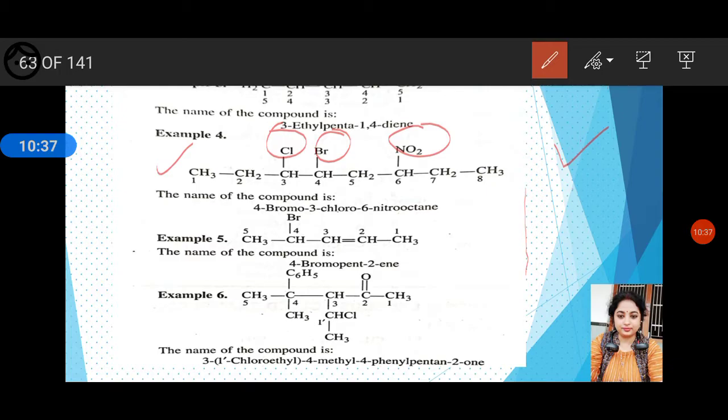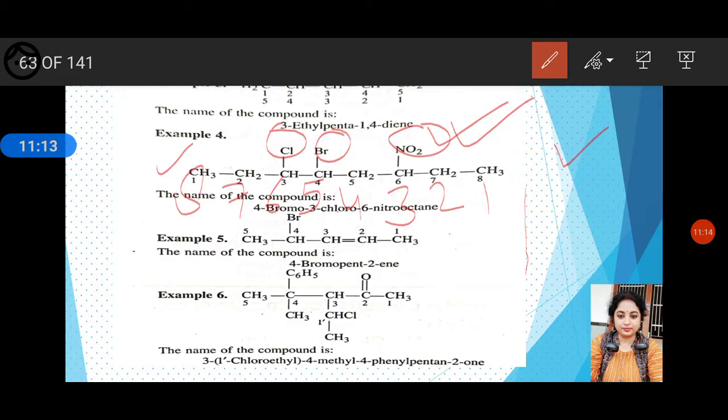Here three functional groups are present: chloro, bromo and nitro. If you go by the book answer, it is wrong, because the book where I have taken it from has given it wrong. See, the numbering should be done from this carbon, because this is our functional group and it should get the least number.